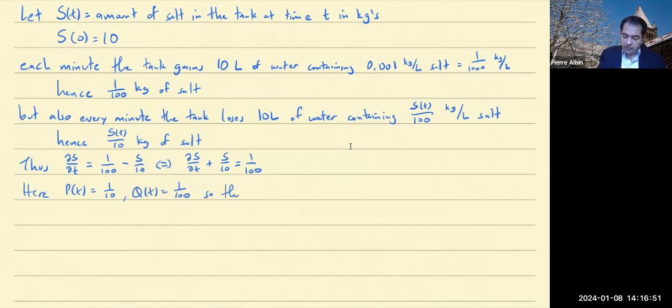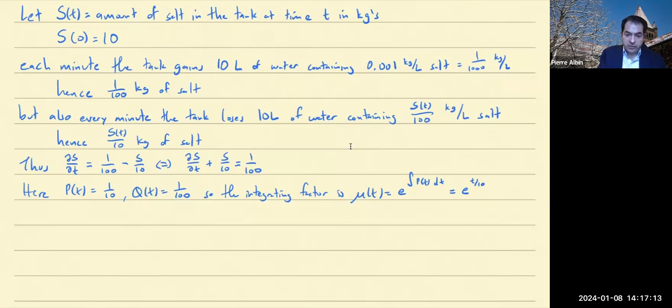So the integrating factor is mu of t equal to the exponential of the integral of P of t dt. All right, that's just 1/10, so we get e to the t over 10.